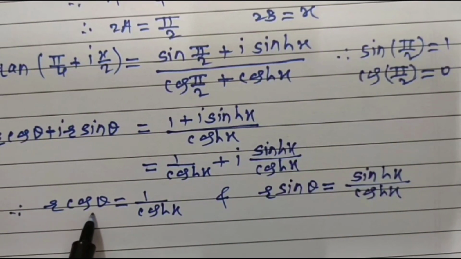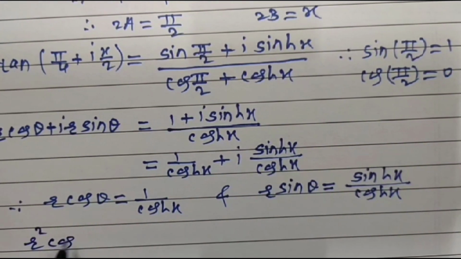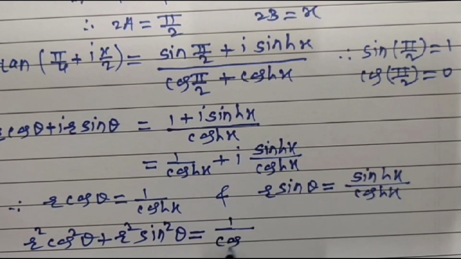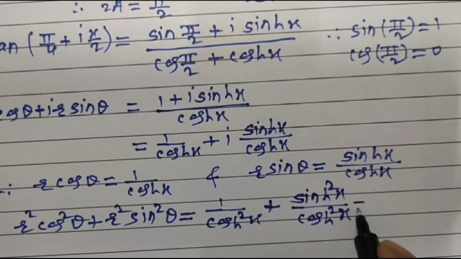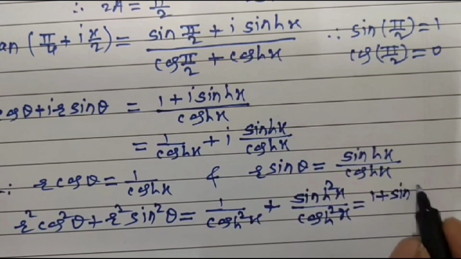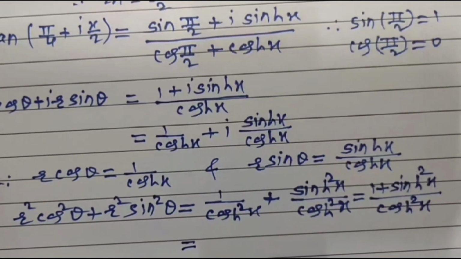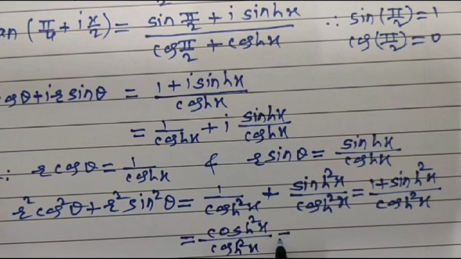Now squaring r cos theta and r sin theta and adding, r square cos square theta plus r square sin square theta is equal to 1 upon hyperbolic cos square x plus hyperbolic sin square x upon hyperbolic cos square x. Now this can be written as (1 plus hyperbolic sin square x) divided by hyperbolic cos square x. But by the hyperbolic identity, 1 plus hyperbolic sin square x is equal to hyperbolic cos square x, divided by hyperbolic cos square x, which is equal to 1.